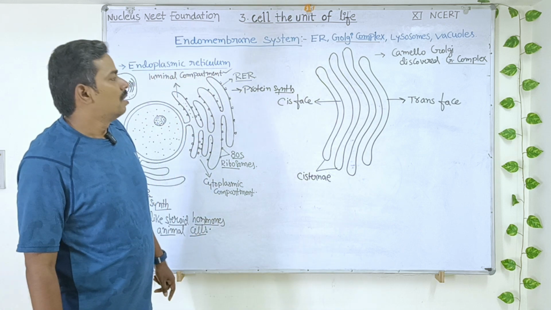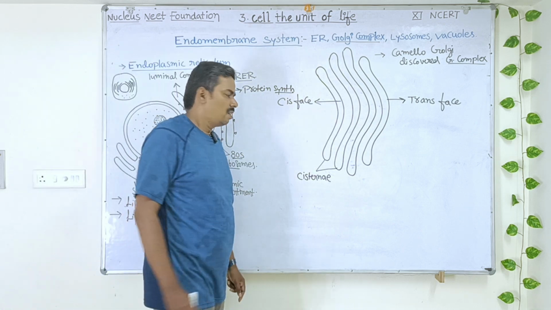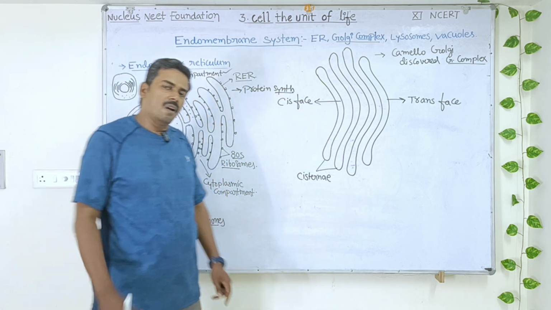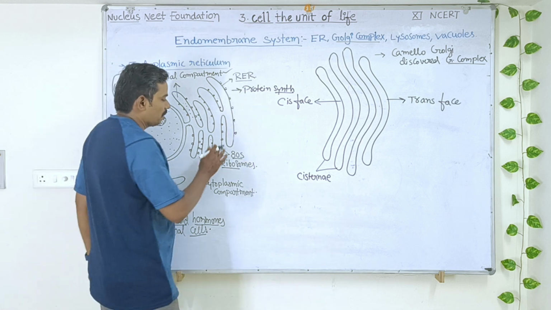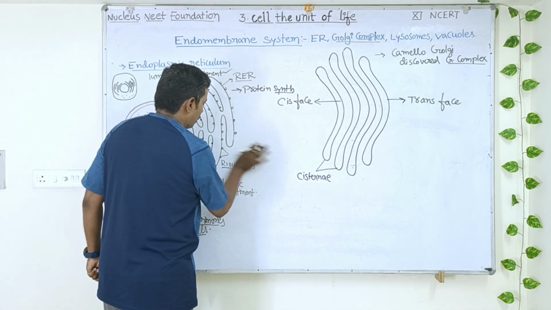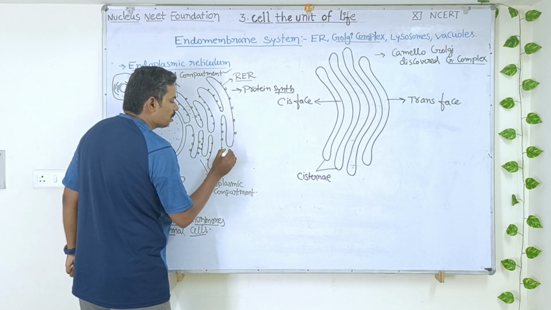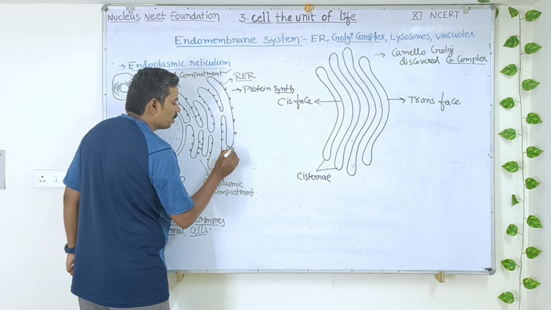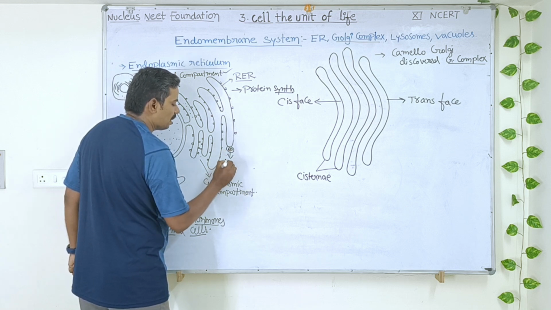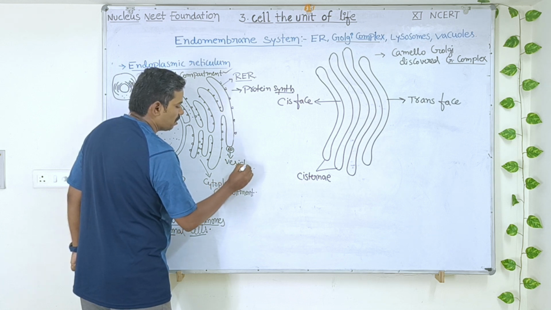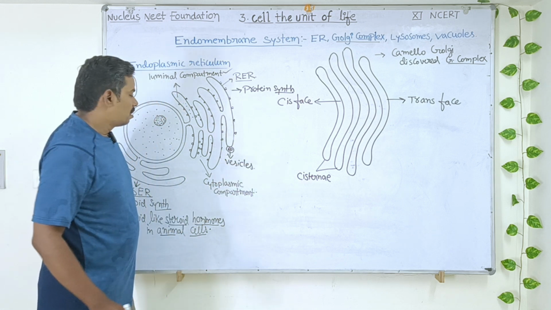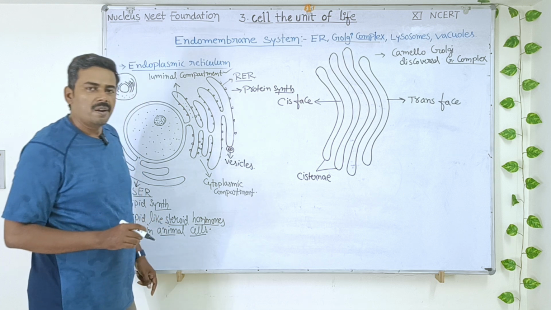Understood, students? Here in the cis face, new cisternae are formed. How are new cisternae formed? Let us see. The endoplasmic reticulum, ER, will pack the proteins in spherical structures which are called vesicles. The vesicles contain unmodified proteins.